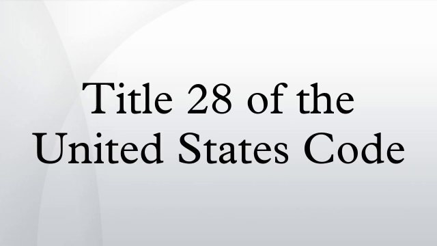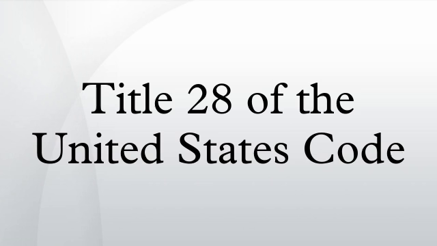Part 4, Jurisdiction and Venue. This part deals with jurisdiction and venue. Chapter 81, Supreme Court. Chapter 83, Courts of Appeals. Chapter 85, District Courts. Jurisdiction. Chapter 87, District Courts. Venue. Chapter 89, District Courts.